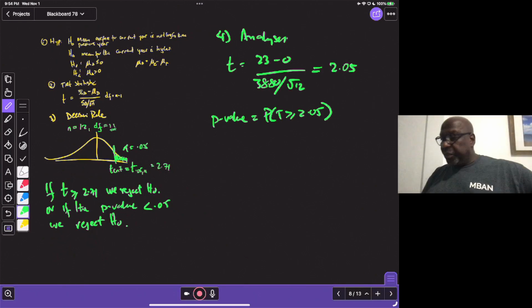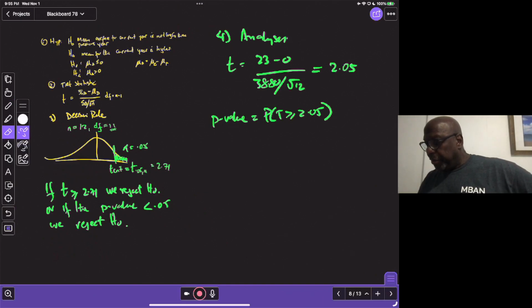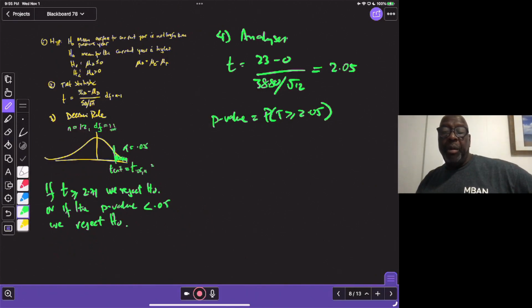So I should actually make a correction here. If my alpha value is 5%, my critical value is not going to be that high. So I need to make a change. I was working with 1%, 0.01.